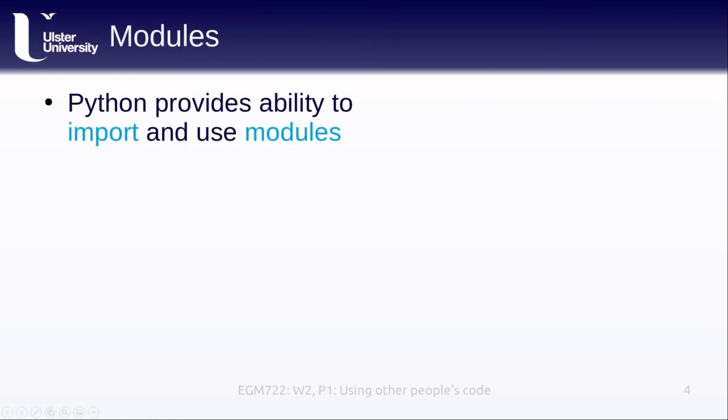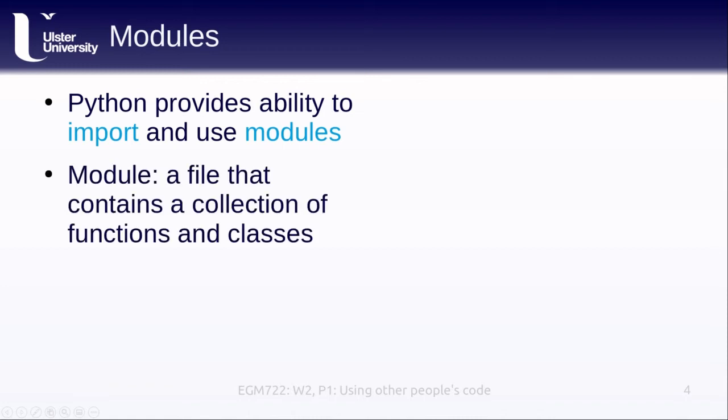Python actually gives us the ability to import and use external modules, either the ones from the standard library or ones that we write ourselves or ones that are maintained by a third party. So a module is a file that contains a collection of functions and classes which we can then use when we're writing our own programs.